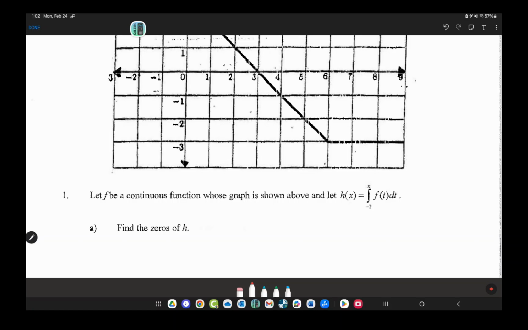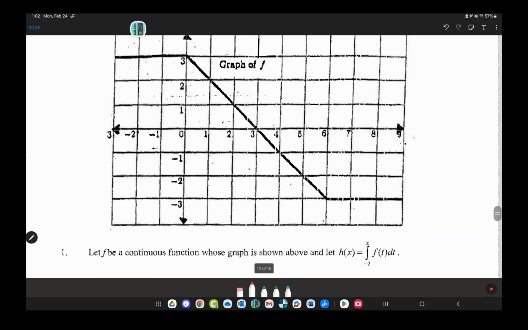So if h is the integral of this function, that means h is what? Geometrically, h is the area. So where is the area equal to 0 on the interval from -2 to x? I can see where you should get one, but you might miss the easy way. When does an integral always equal 0?